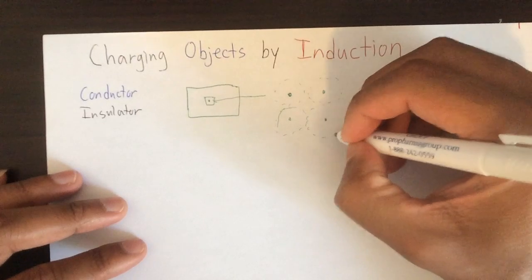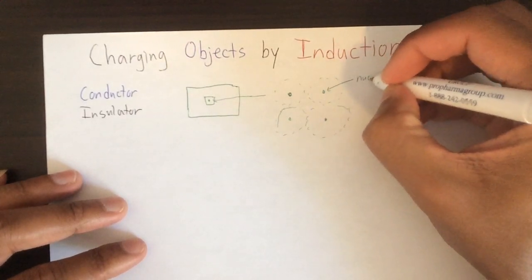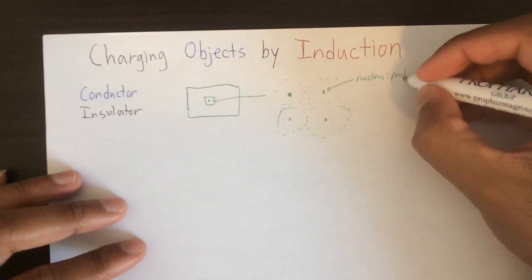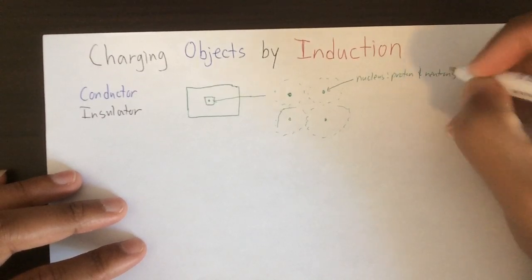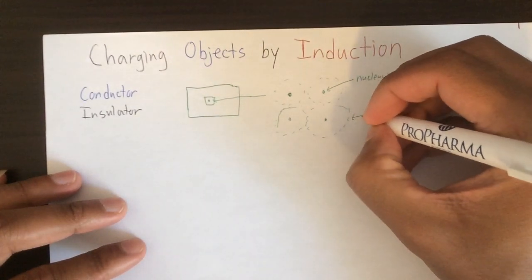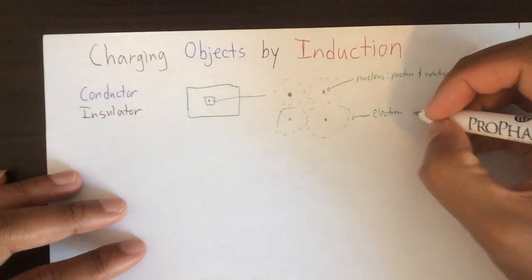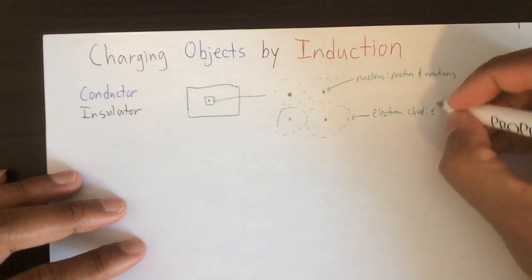The nucleus is made of protons and neutrons, and the electron cloud is just electrons.